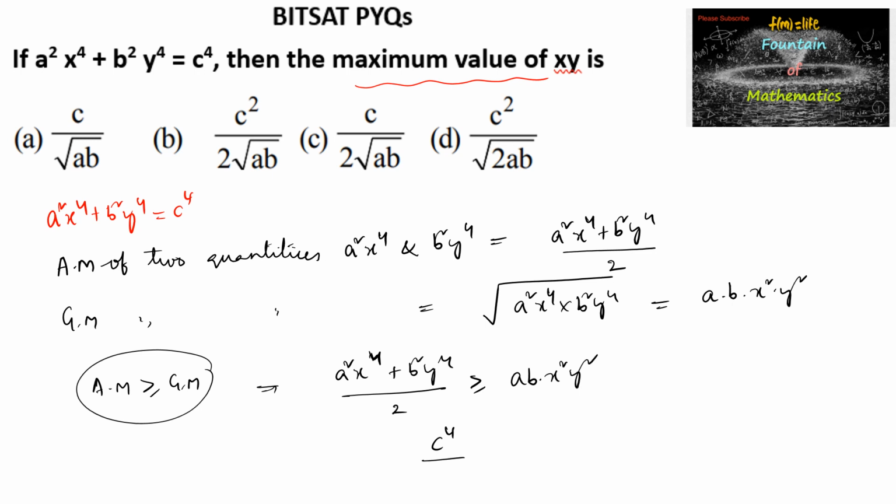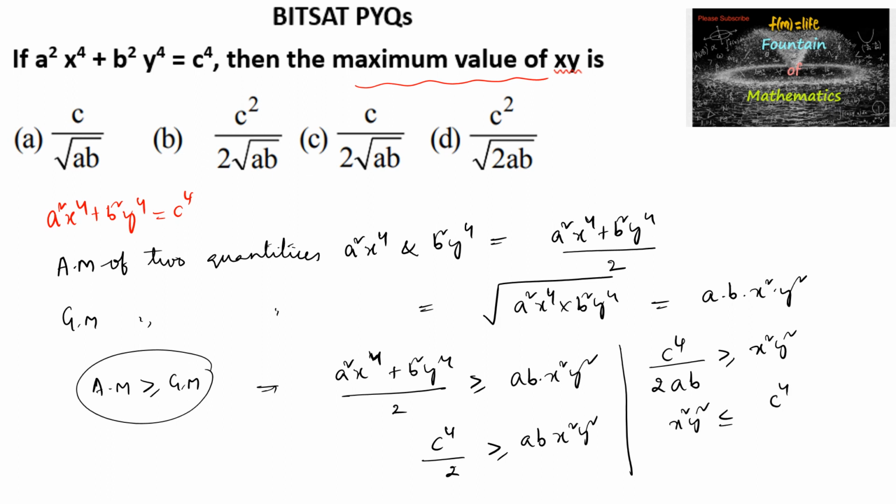So c power 4 upon 2 is greater than or equals to ab into x square y square. And here we can write c power 4 upon 2ab is greater than or equals to x square y square.